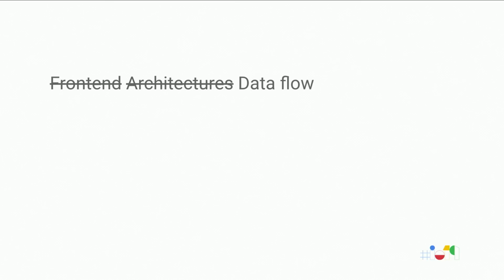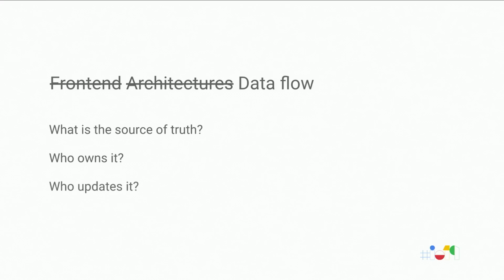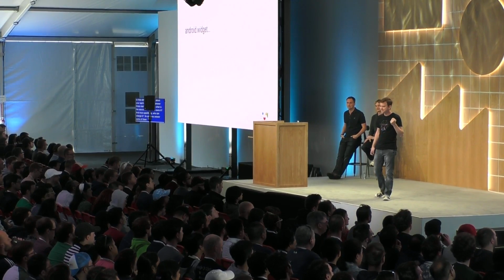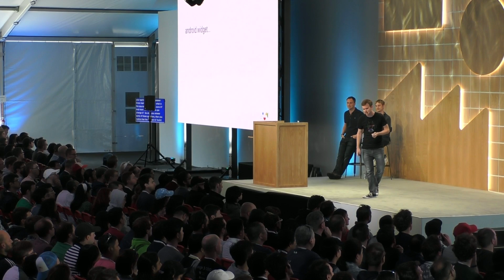So these architectures really exist to help define and reason about your app's data flow and answer the three main questions. So what is the source of truth? Who owns it? And more specifically, who can change it? So once you answer some of these questions, then you realize that the Android UI toolkit doesn't really work this way.